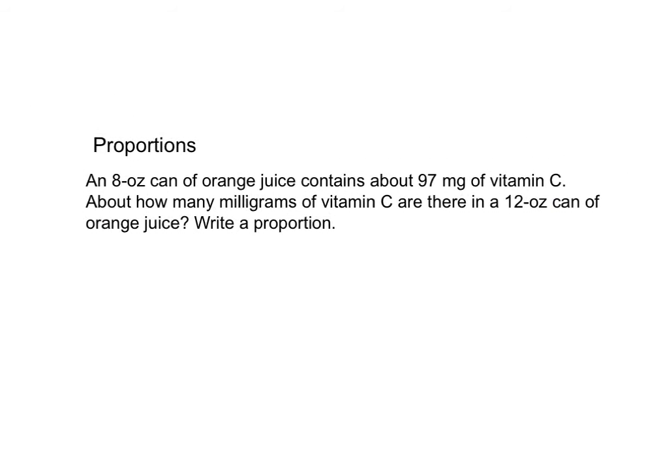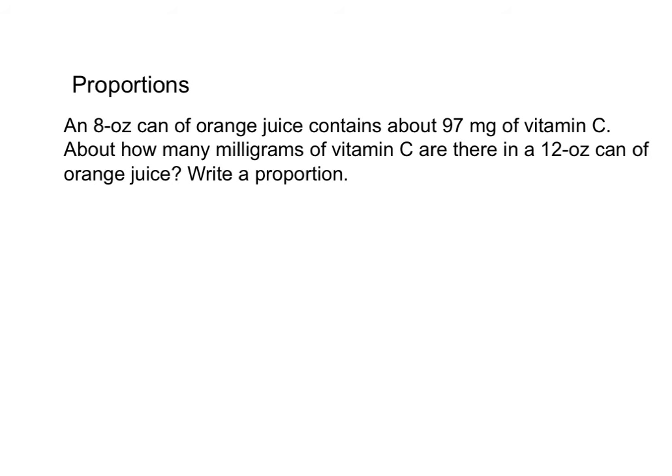Okay, so proportions. An 8-ounce can of orange juice contains about 97 milligrams of vitamin C. How many milligrams of vitamin C are there in a 12-ounce can of orange juice? Write a proportion, okay? So whenever you're writing a proportion, something is going to be unknown.